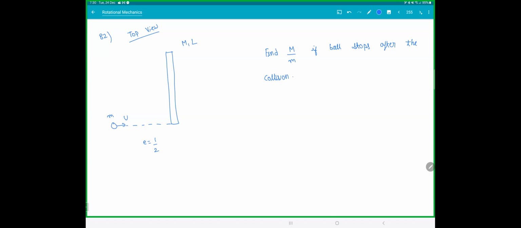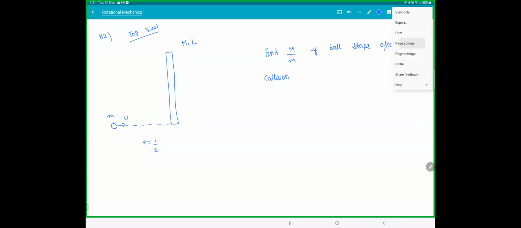This will be a good integer question. Let's see.